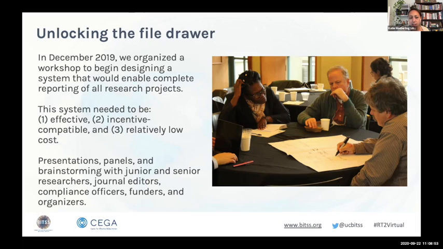So we got them all together, and our goal was to start brainstorming what a system could look like that would effectively improve more complete reporting in the social sciences, be incentive compatible and also relatively low cost. It sounds like a pretty lofty goal, which I think it is.